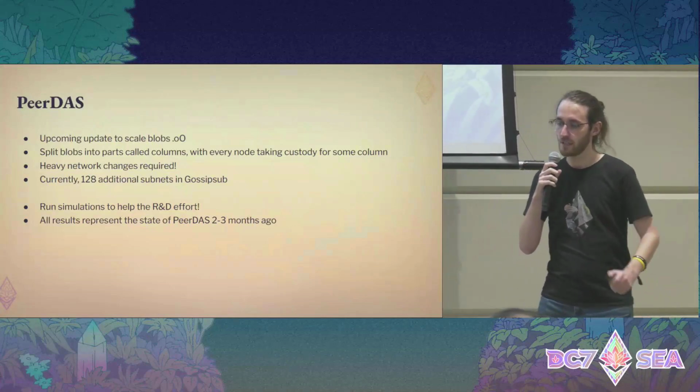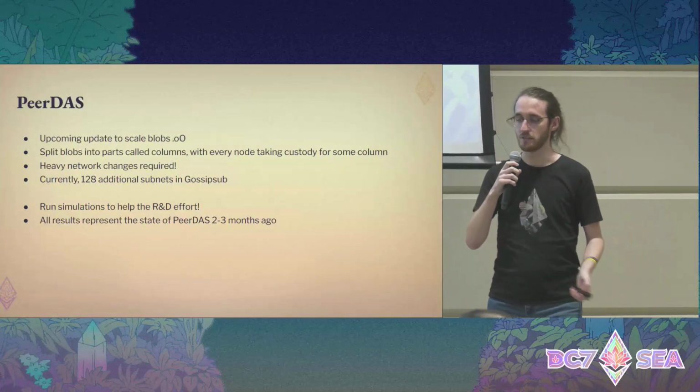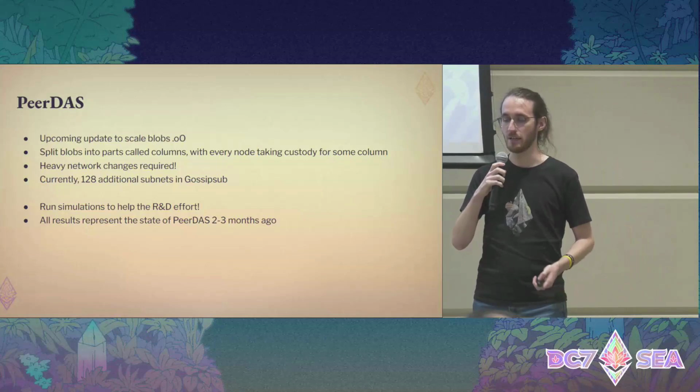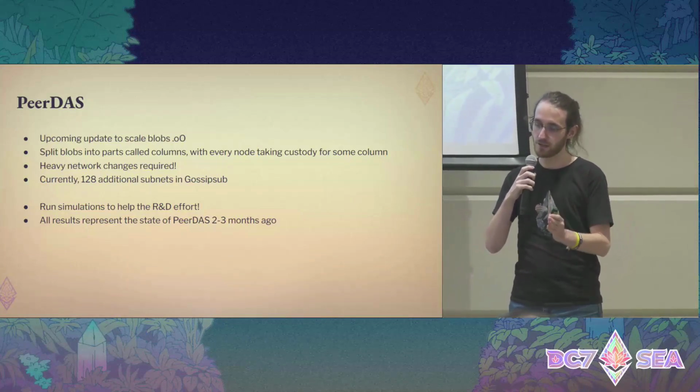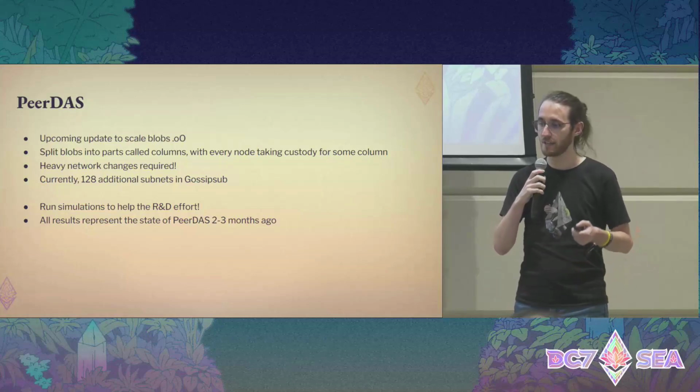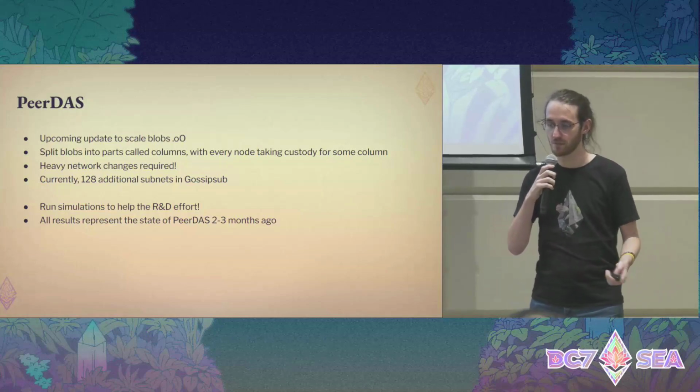I won't have time to explain PeerDAS fully, so I'm just going to assume there's some awareness of what that is. Few points. It's an update to scale blobs, and the basic principle is that we want to split the blobs into parts, which we call columns, with every node taking custody of some of those columns.